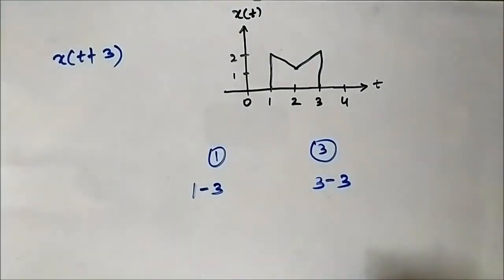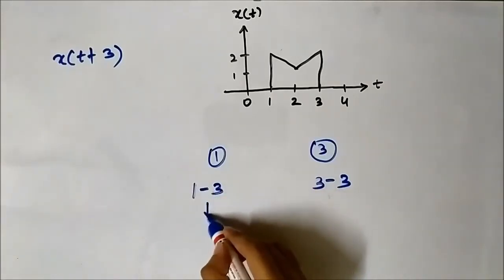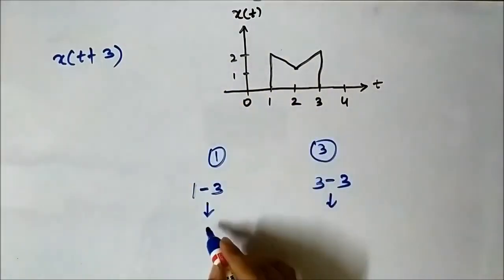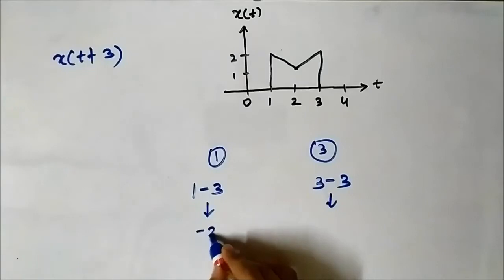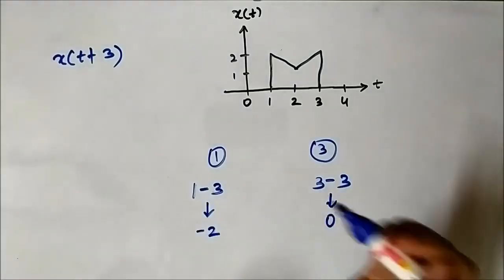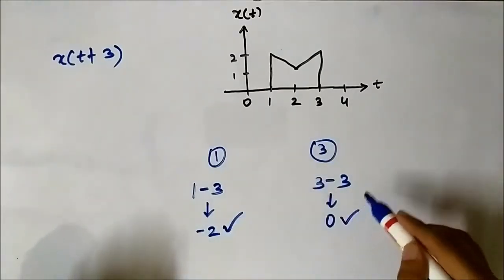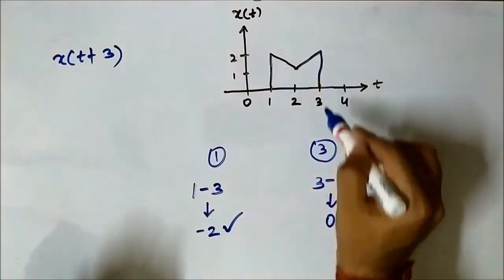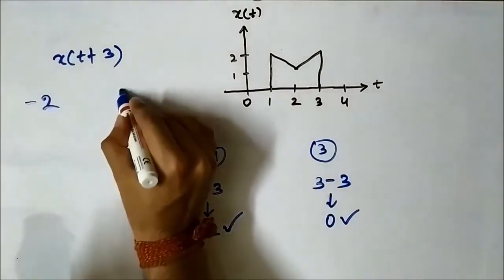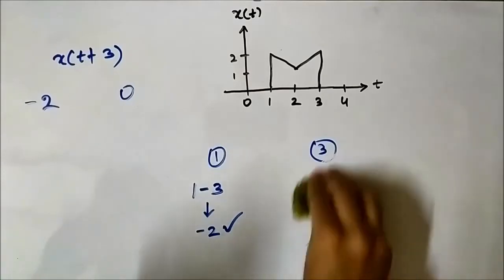This gives us the new starting point and the new ending point of the shifted signal, which is -2 and 0. So the new shifted signal will start from -2 and end at 0, but the shape will stay the same. Let us see how this shifted signal will look.